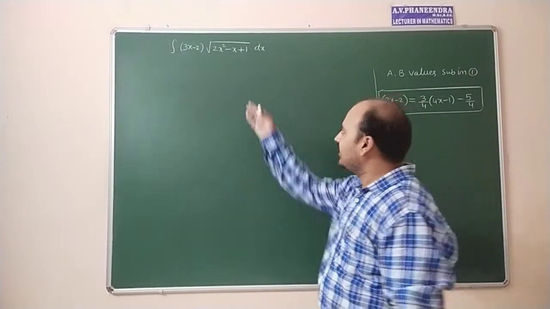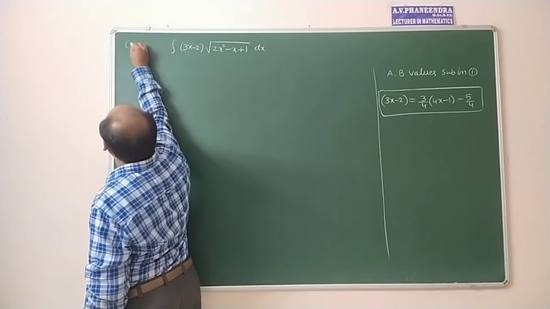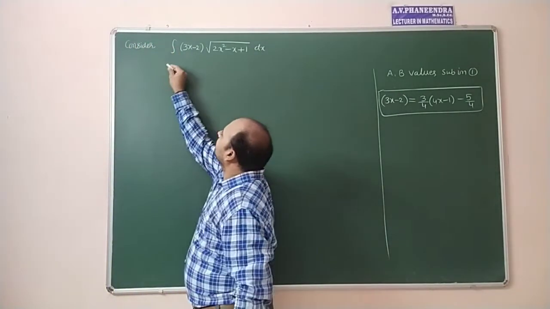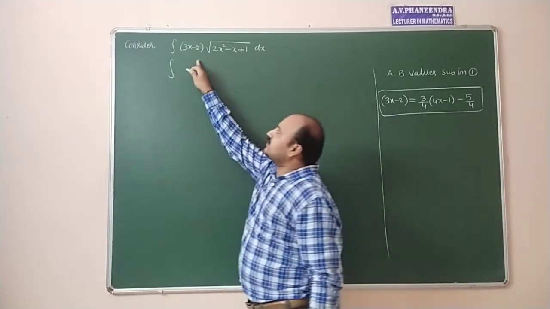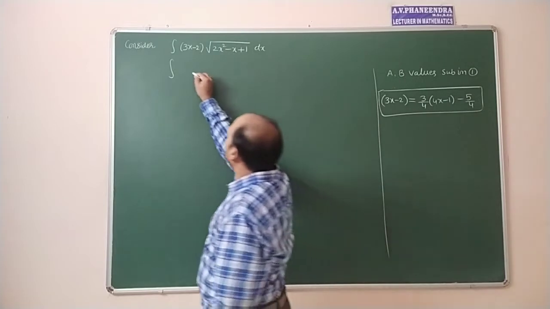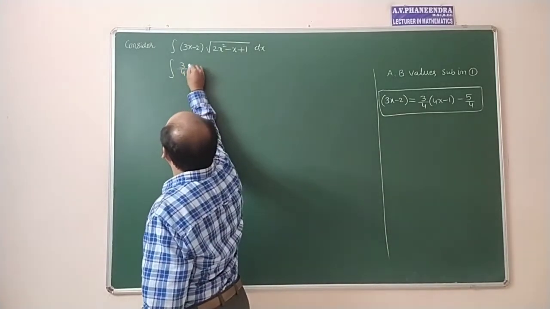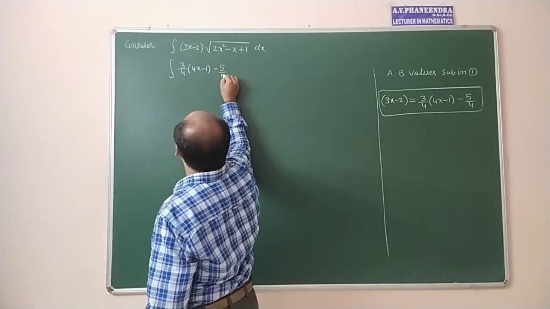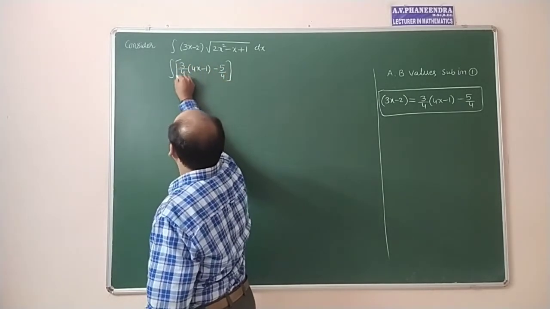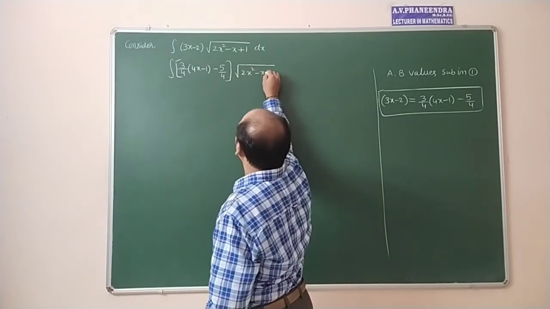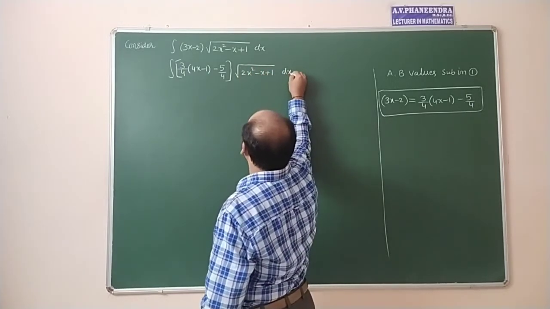Now consider the given integral. In place of 3x minus 2, we have to replace this value: 3 by 4 into (4x minus 1) minus 5 by 4, into square root of 2x square minus x plus 1 dx.